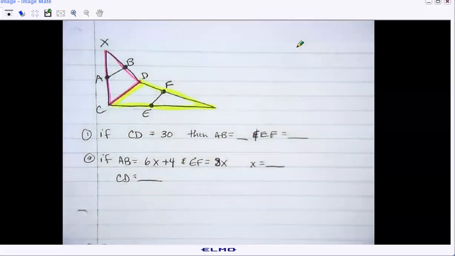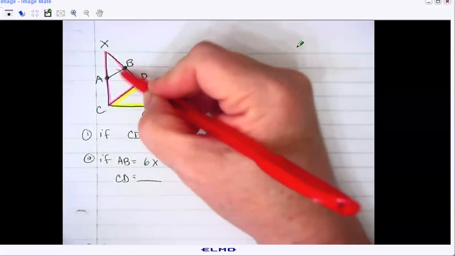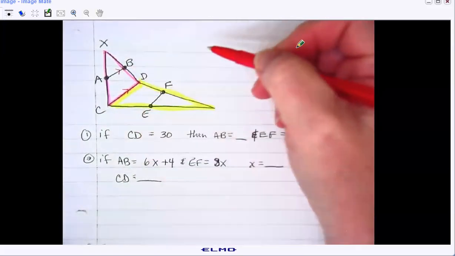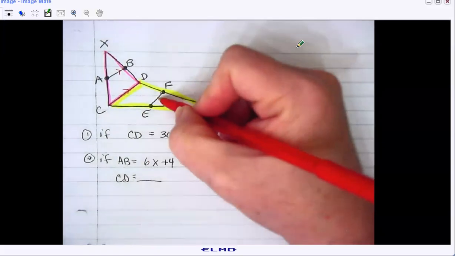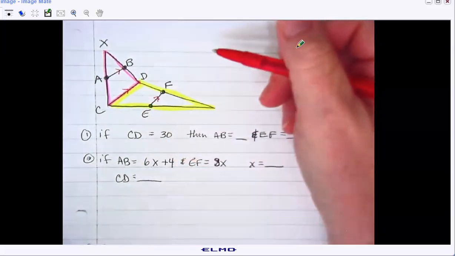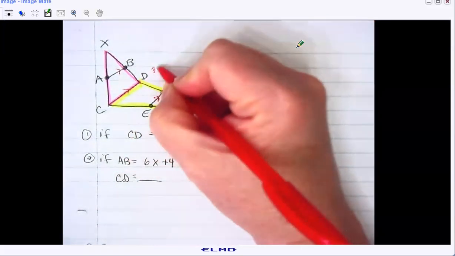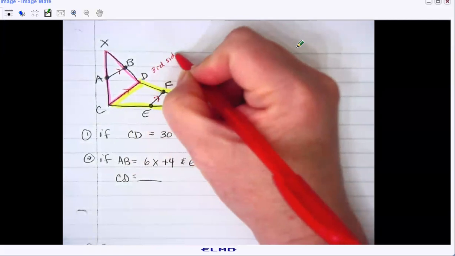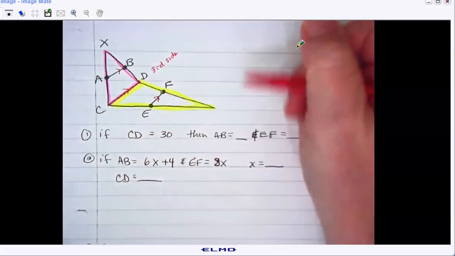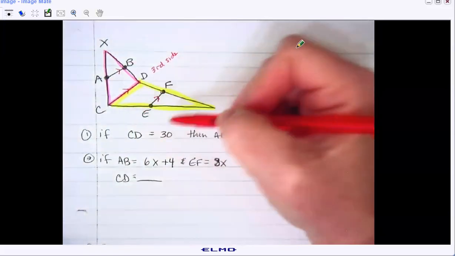So we're looking at the middle lines being parallel to the bottom, and this line being parallel to the bottom for the third side. Okay. So in each case, this is the third side. Okay. So that means it'll be the biggest one, whether it's across from here or on the bottom.